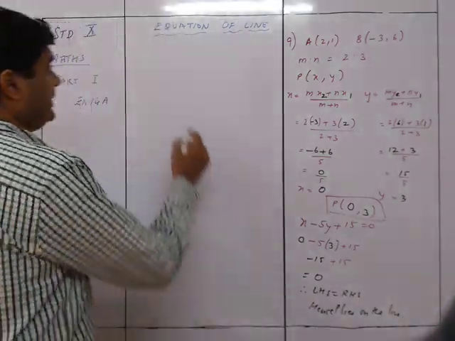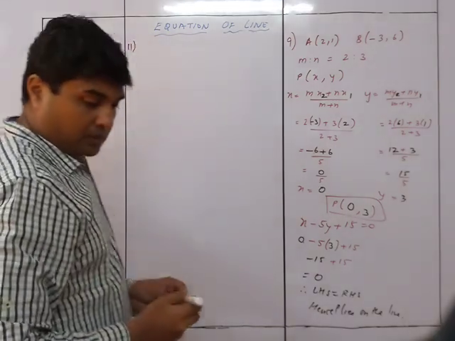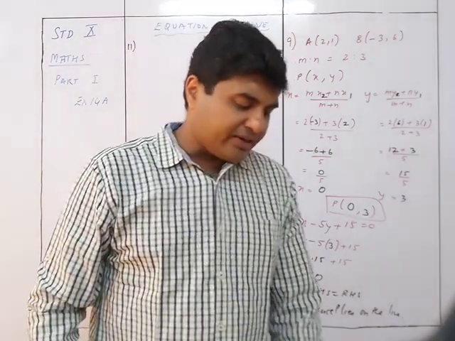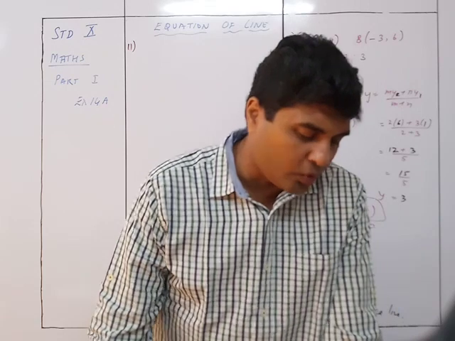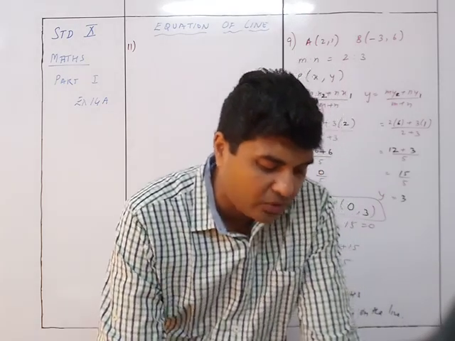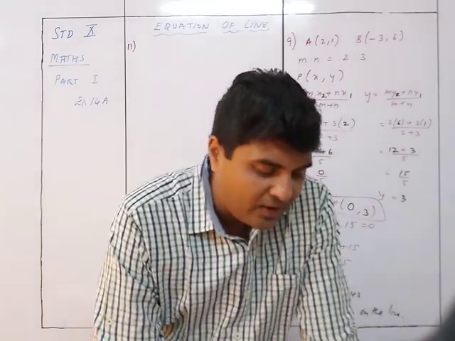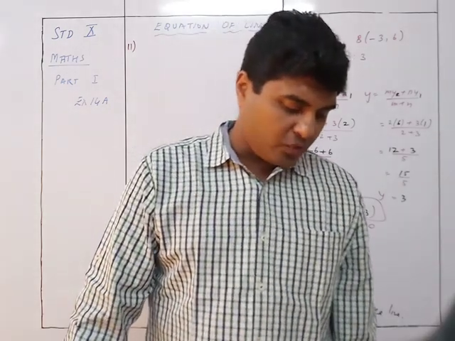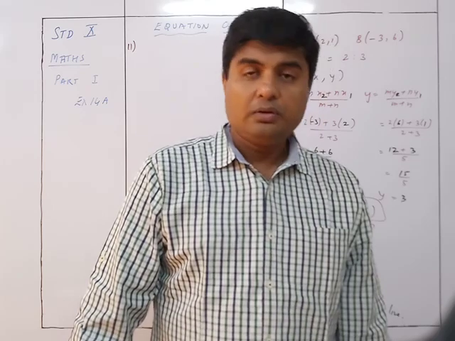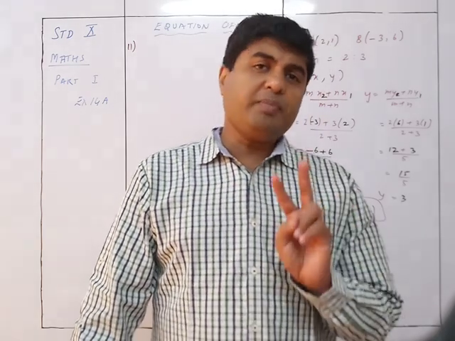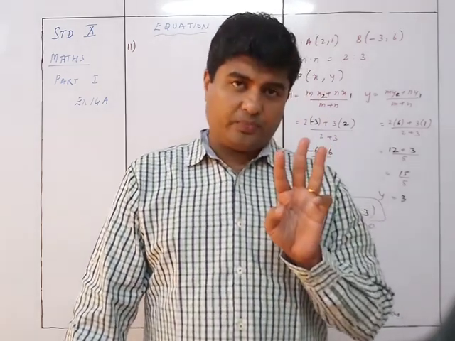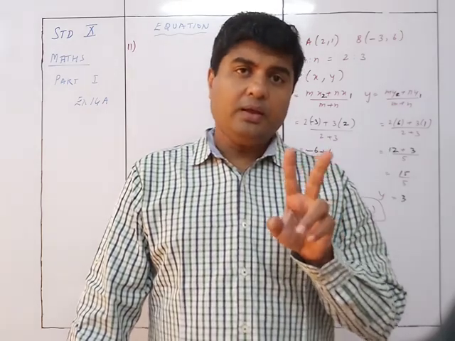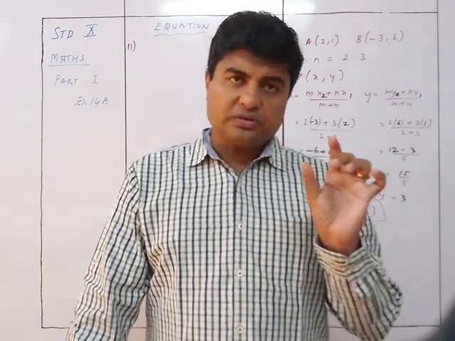Right, sum number 11. Find the point of intersection of the line 4x plus 3y is equal to 1 and 3x minus y plus 9 is equal to 0. If this point lies on the line 2k minus 1 x minus 2y plus 4, find the value of k. Now, they have given me 3 equations and they told me the 2 equations are proper equations.